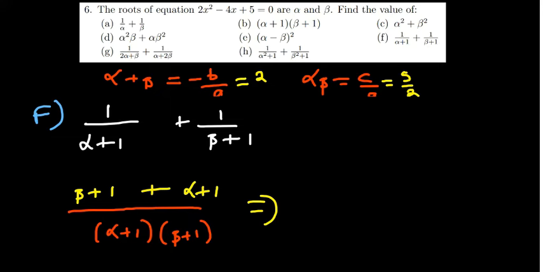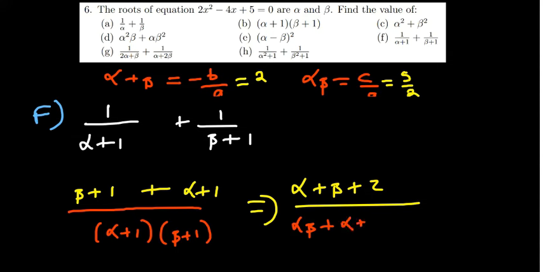On top, you have alpha plus beta, and then 1 plus 1 will give us a 2 over. On the denominator part, if you expand that, alpha times beta gives us alpha beta, alpha times 1 is alpha, 1 times beta is beta, and then 1 gives us 1.